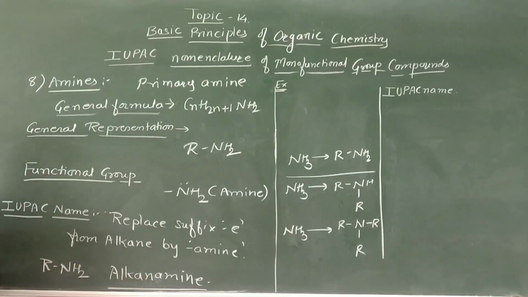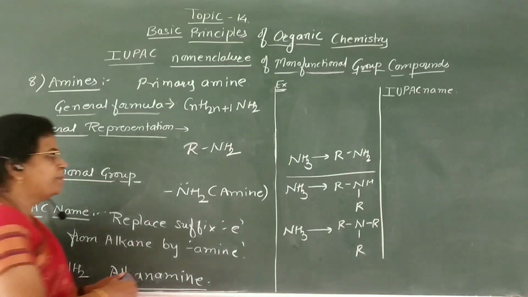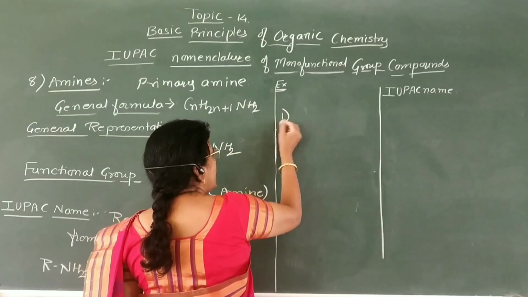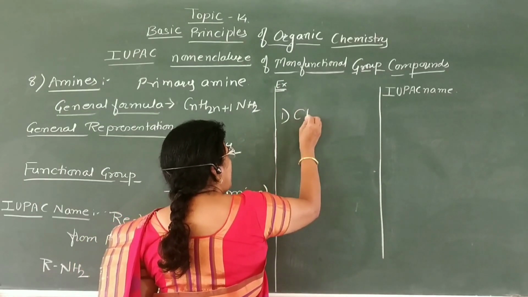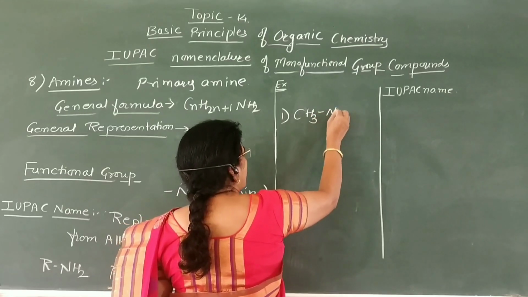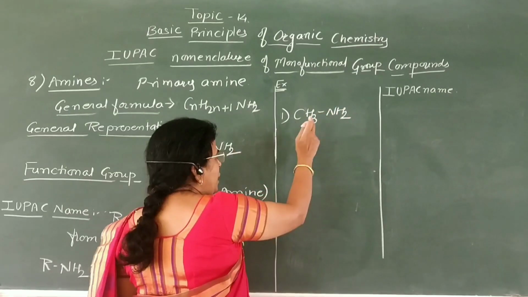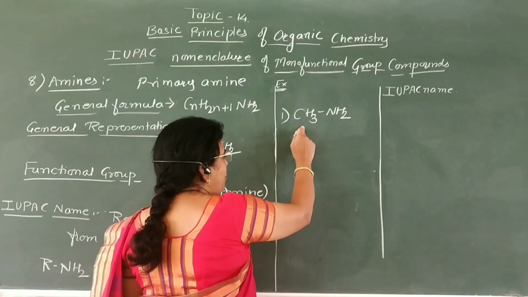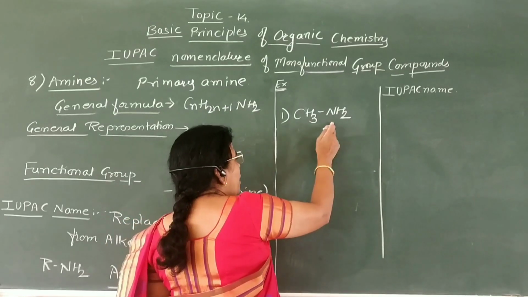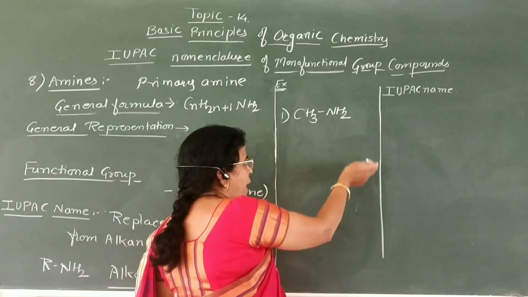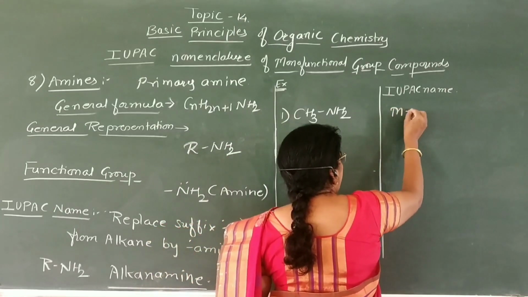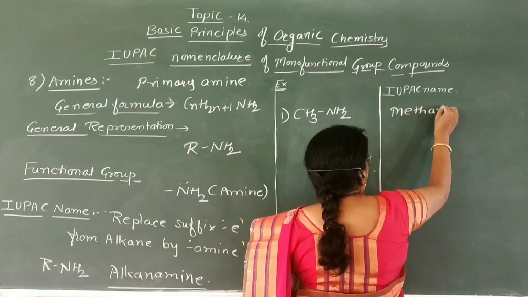Now we can understand this by using some examples. First example, CH3NH2. Here there is one carbon atom, therefore it becomes methane, and one hydrogen atom from methane is replaced by NH2 group, therefore it becomes methanamine.